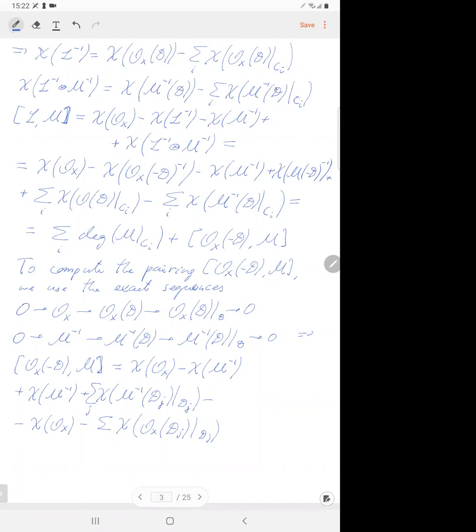Yeah, the Euler characteristic of OX of D is the sum of Euler characteristic of OX and OX of D restricted to D, right? Now the middle line comes from the second exact sequence, right?